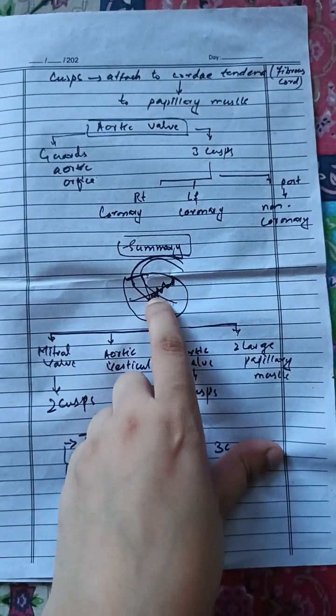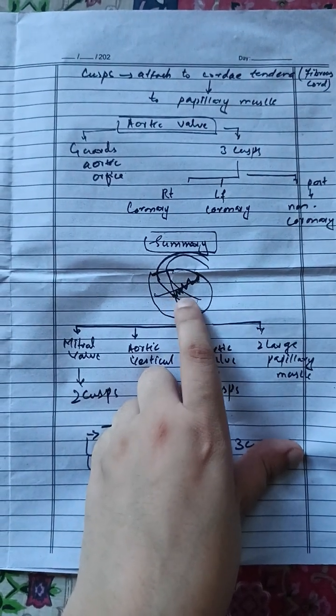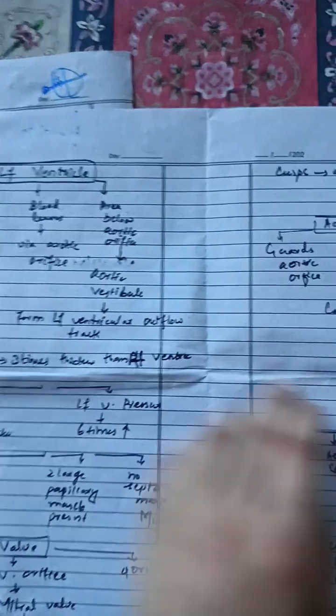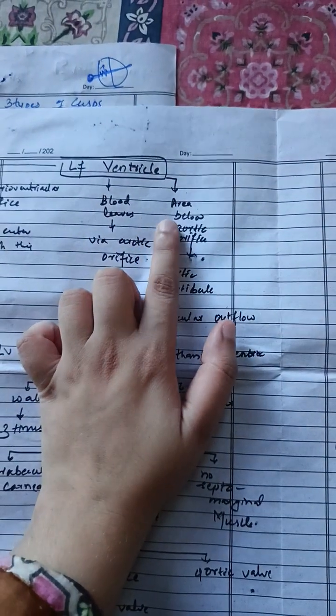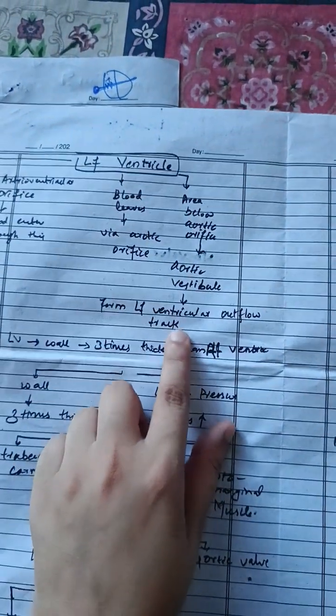and in the aorta there is also an orifice called the aortic orifice, and this aortic orifice is guarded by the aortic valve, which also has three cusps. The blood leaves the left ventricle through the aorta, and there is also the aortic vestibule.